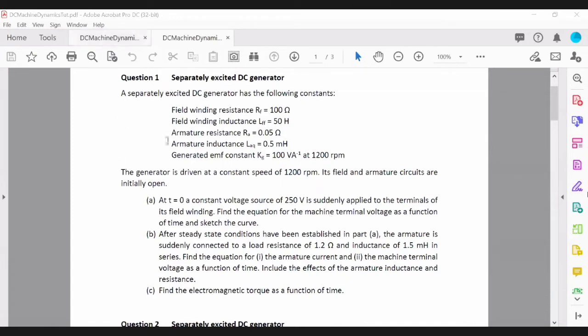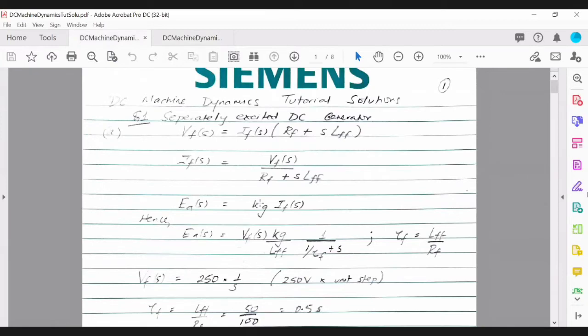So if you remember, we had this equation for the field winding. One part is representing the drop across the resistance of the field winding, and the term IF times S LF is basically representing di by dt, if you remember from the time domain response.